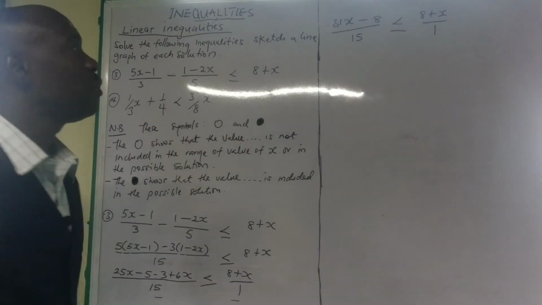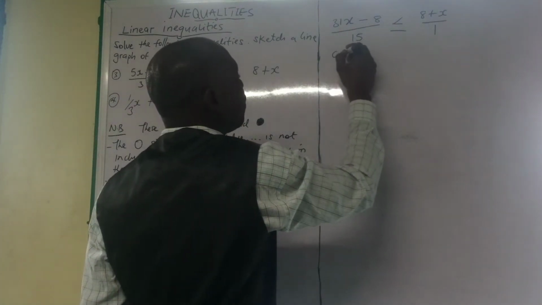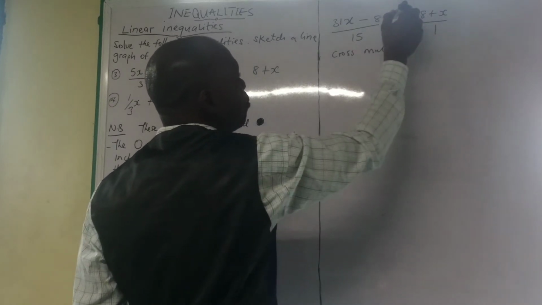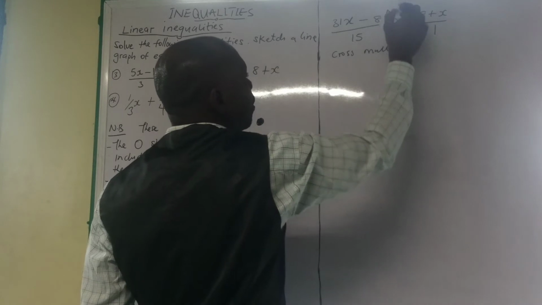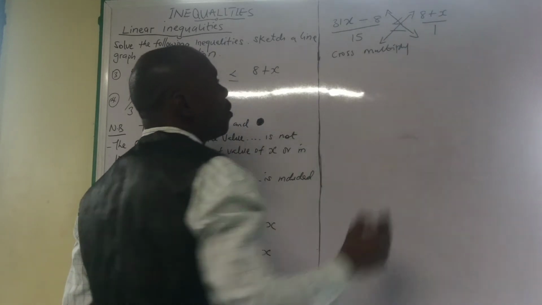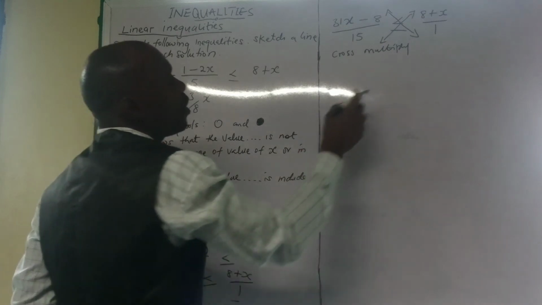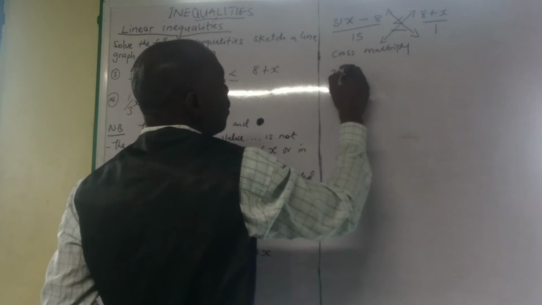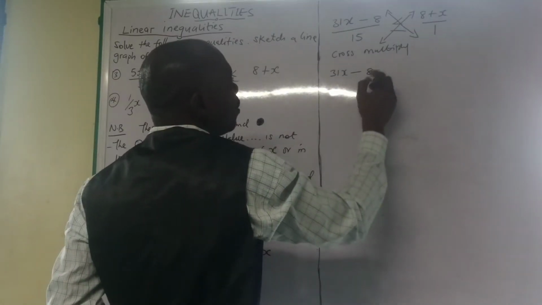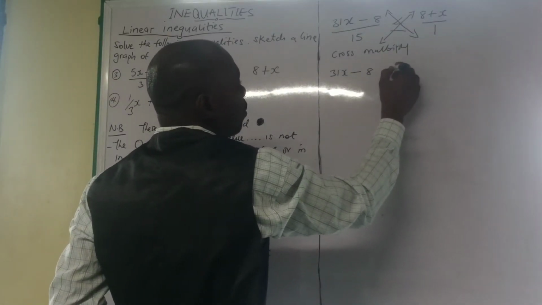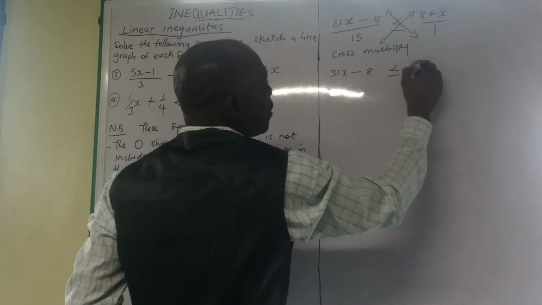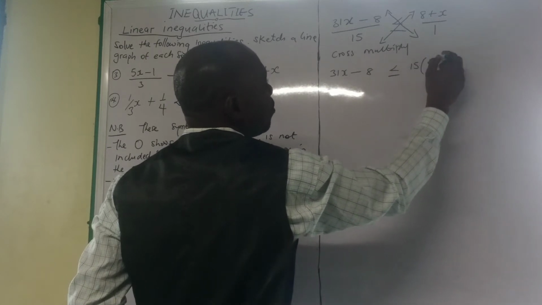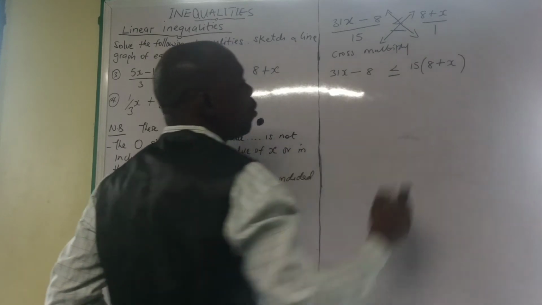From here we just cross multiply. Cross multiply; that means let's put the symbol there. We cross multiply this equation. It will now give us 31x minus 8, less than or equal to 15, bracket, 8 plus x, close the bracket.